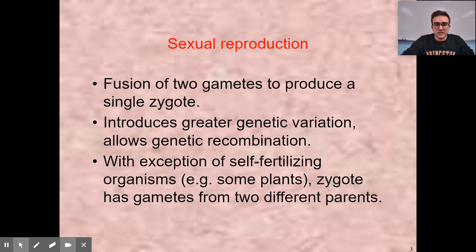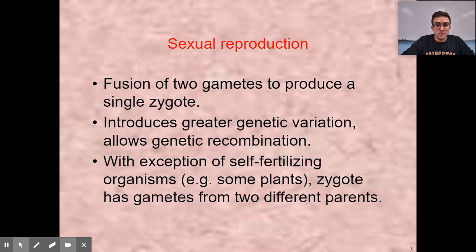What sexual reproduction does, this fusion of the zygote, is allow for greater genetic variation, which is beneficial to the survival of a species. And when we get to natural selection, you'll start to see why genetic variation is very critical to a species adapting and surviving. And the zygote will typically come from two different parents.